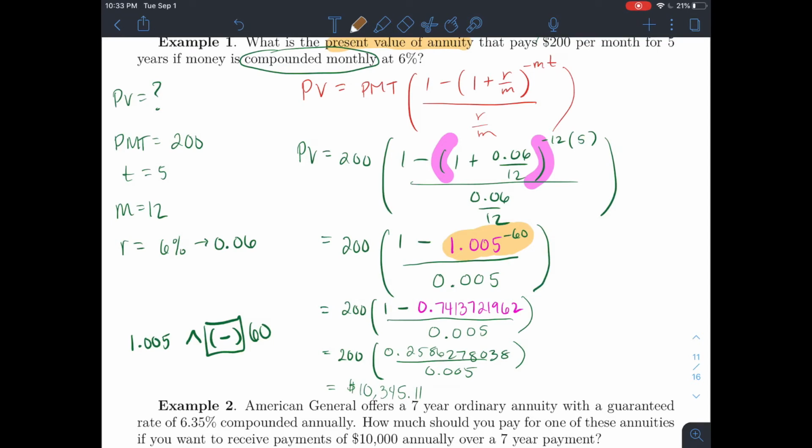Alright, so as always, we write our nice sentence for this word problem.